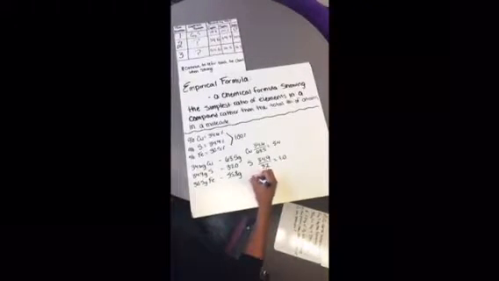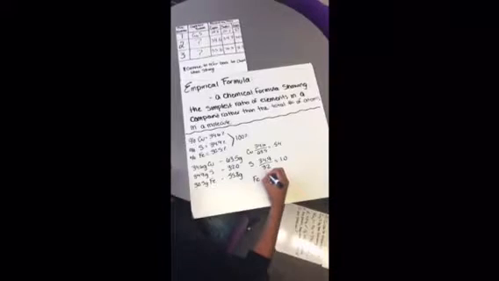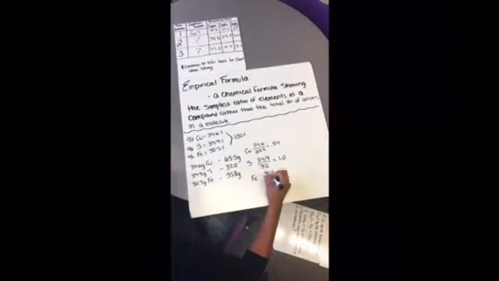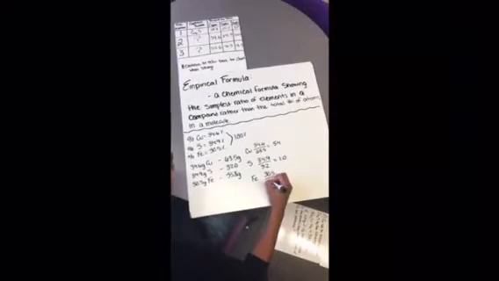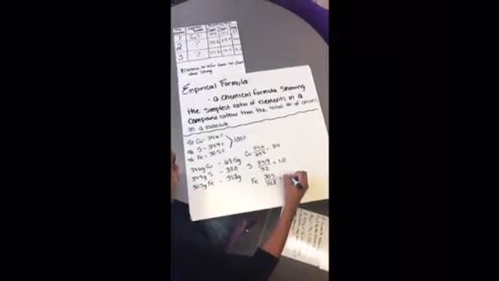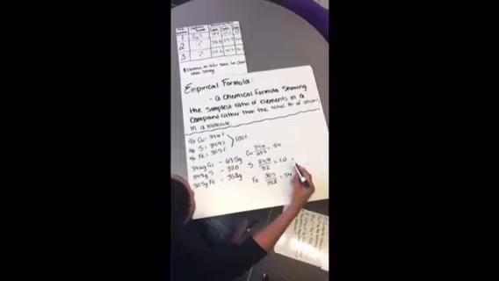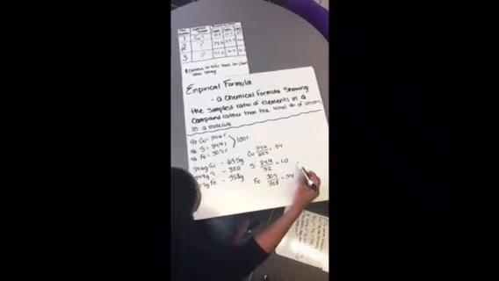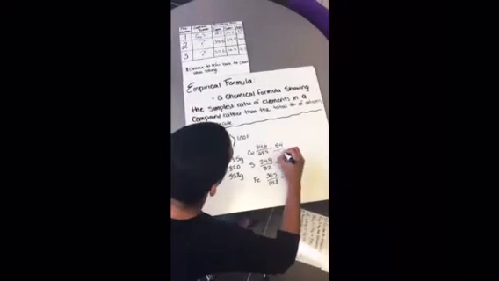And then for iron, we will have 30.5 grams over 55.8, and that will give us 0.54. And then you're going to want to divide each of them by the smallest number. So 0.54 is the smallest, so we're going to divide each by that.